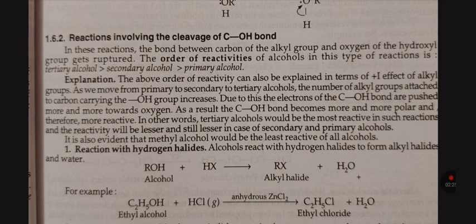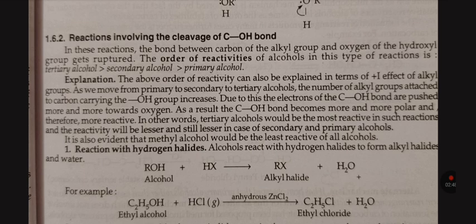Explanation. The above order of reactivity can also be explained in terms of the +I effect of alkyl groups. As we move from primary to secondary to tertiary alcohol, the number of alkyl groups attached to the carbon carrying the OH group increases. Due to this, the electrons of the C-OH bond are pushed more and more towards oxygen.